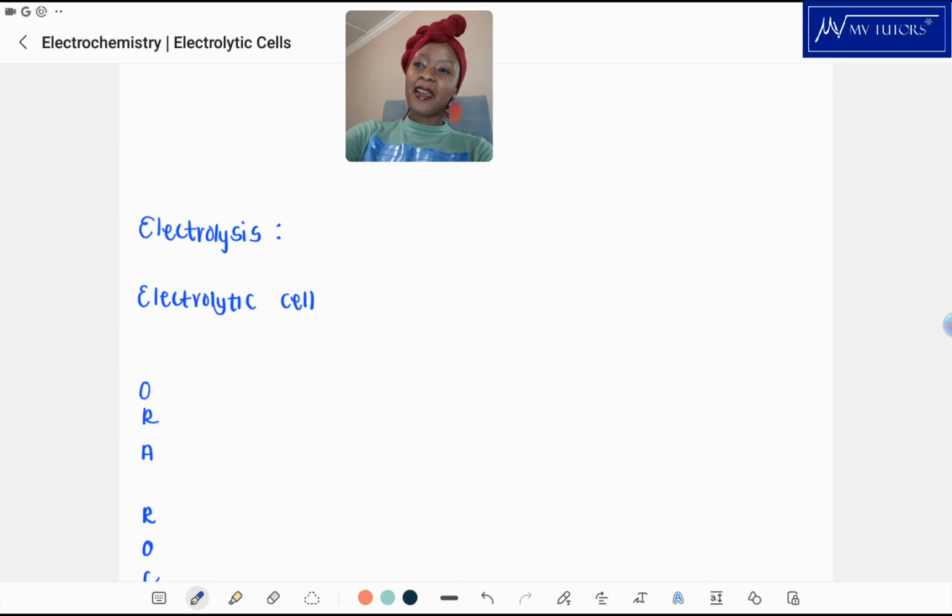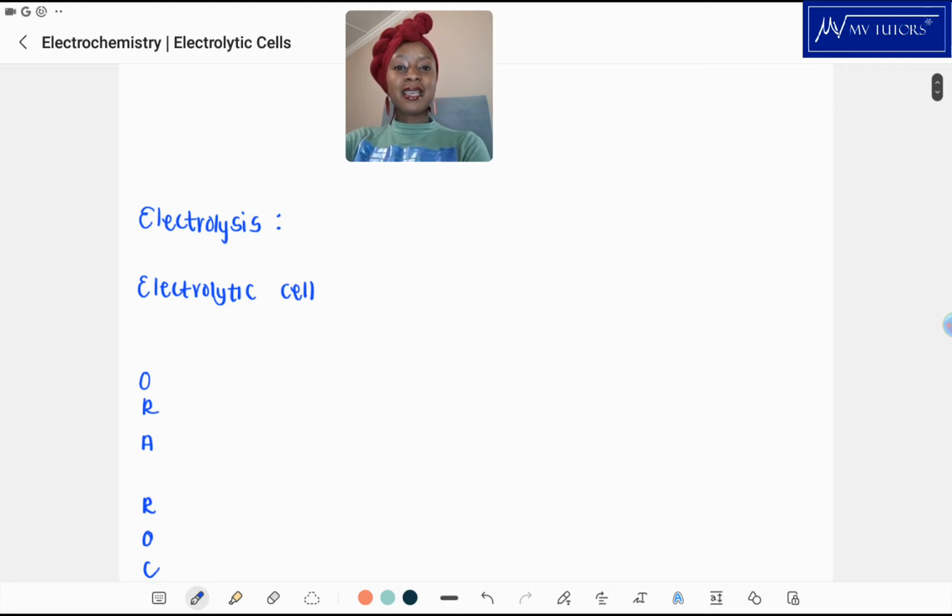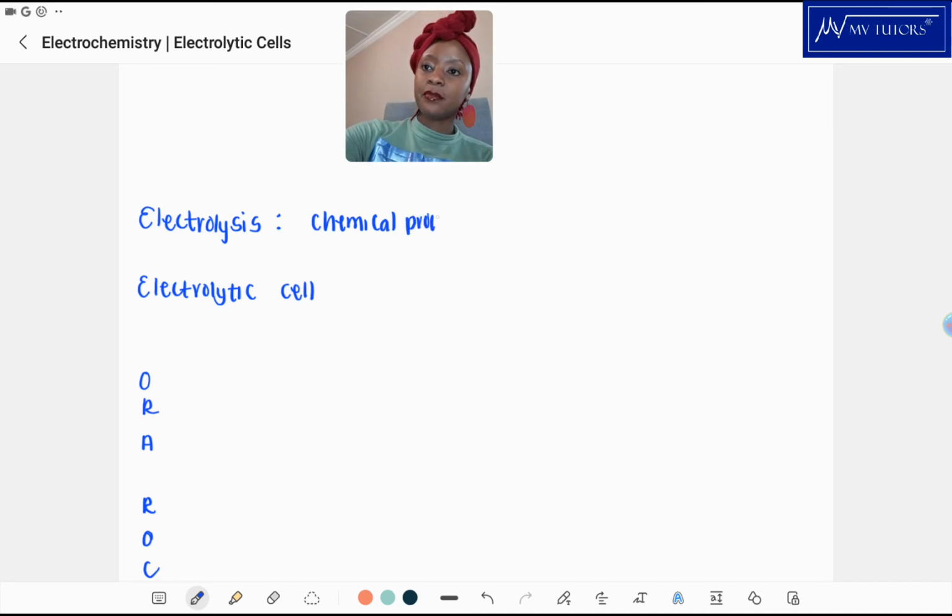Okay. All right, so we're going to start with electrolysis, just defining it. So basically, electrolysis is a process. It is a chemical process since we're dealing with electrochemistry. So it's basically a chemical process where electrical energy is converted, or you could say it produces chemical energy.